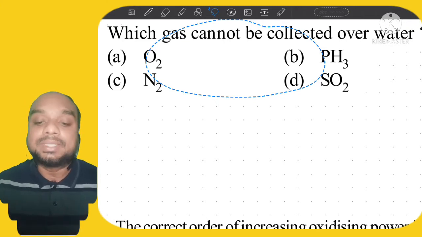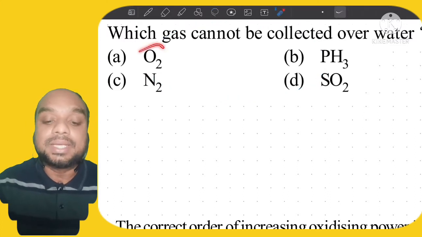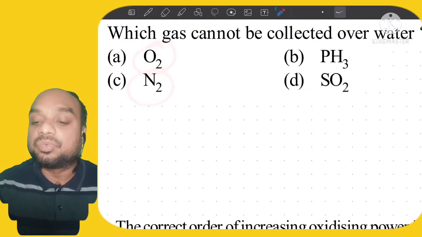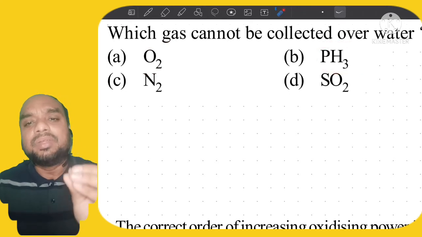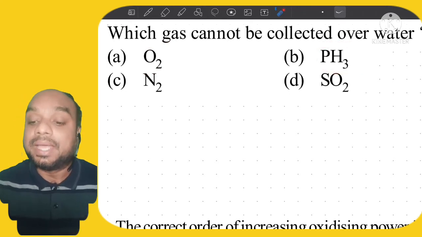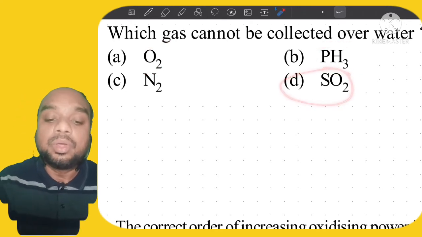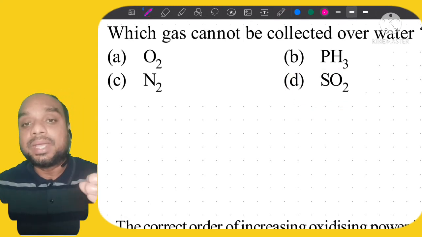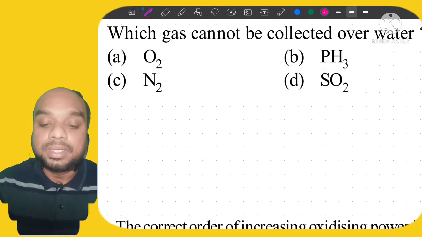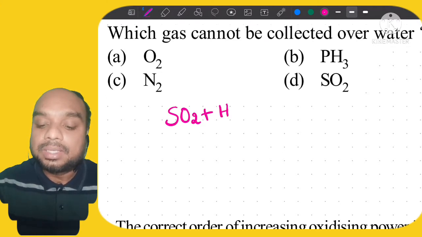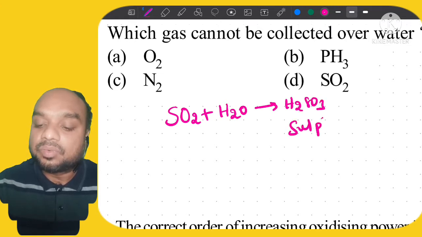And non-polar gases like oxygen gas, nitrogen gas, and phosphine, which also has a polar nature but very much less than SO2, can be collected. When SO2 gas passes through water, we get SO2 plus water giving H2SO3, sulfurous acid.